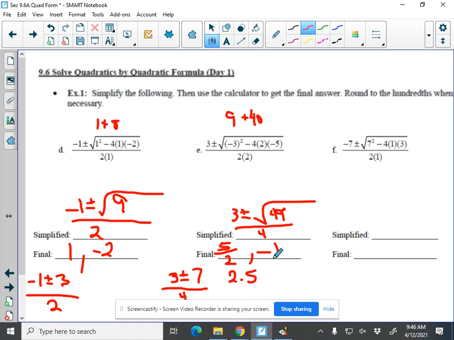Okay? So, let's see if we can try this one. I'm just going to give a moment to try this one.